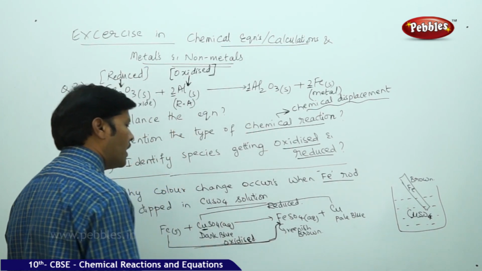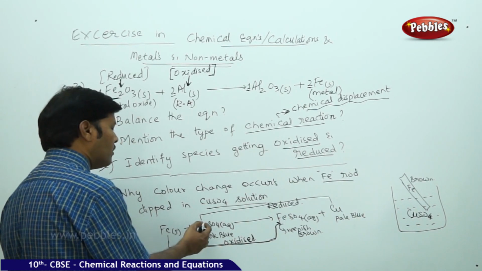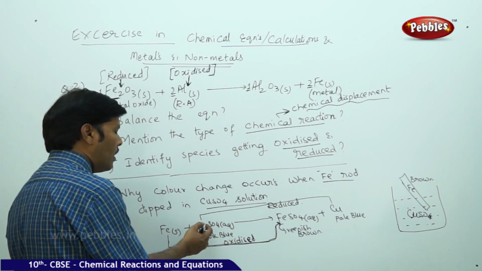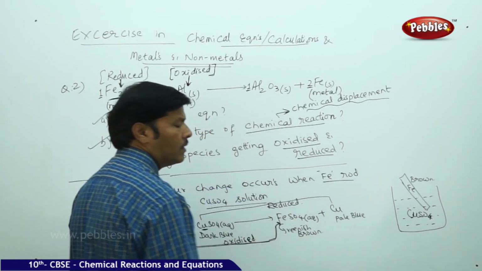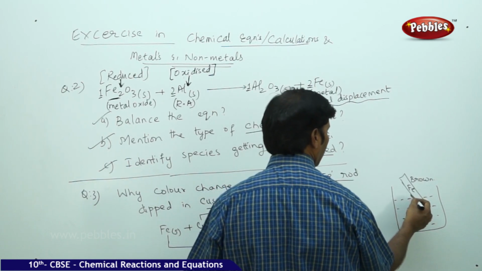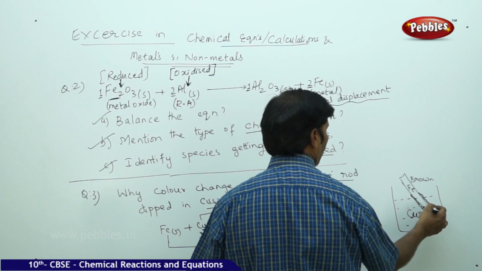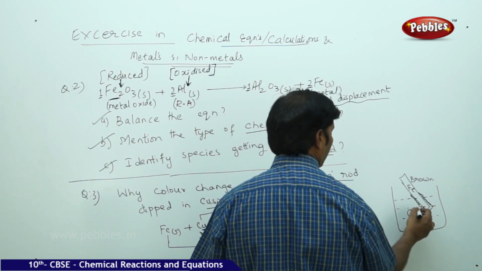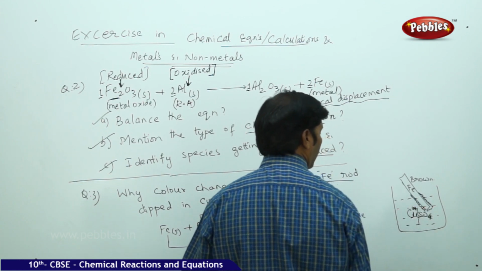The reason because of that, the iron is trying to reduce the cupric ions in copper sulfate to copper. That is why there is a change in the color. You can see that there is an intense greenish color, and here there is a dip in the copper sulfate solution to pale blue color.